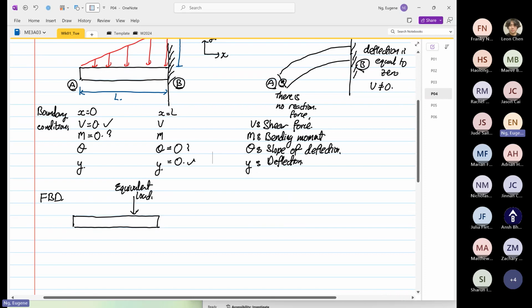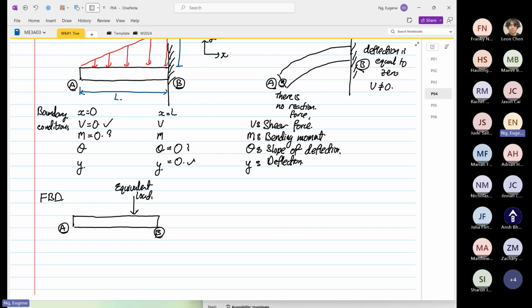This is our point A and our point B. At point B, we have a reaction force known as By, and then we also have a counter moment, the moment about point B. So this is how our free body diagram looks like.